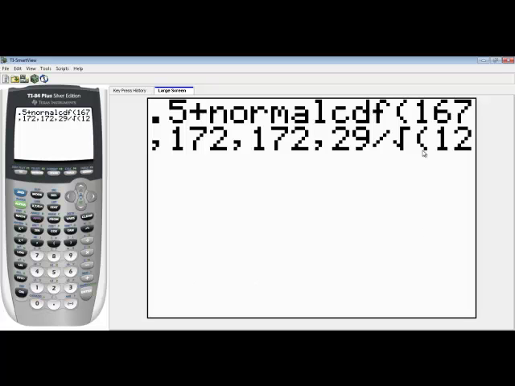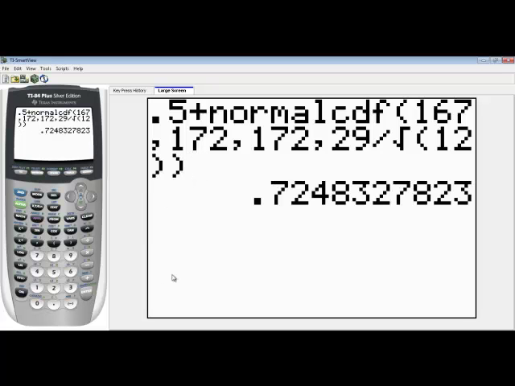Now my calculator generates the parentheses automatically with the square root, so I need a parenthesis to close the square root, but then I need another one to close the normal CDF. So I end up with two in a row there. One for the square root, one for the normal CDF. And then I'll hit enter, and we're going to round to 3 significant digits, so that'll round up to 0.725.